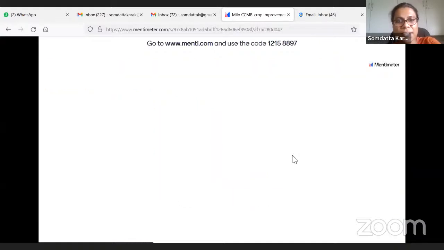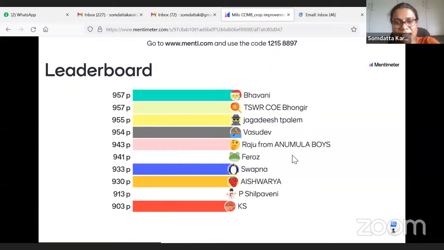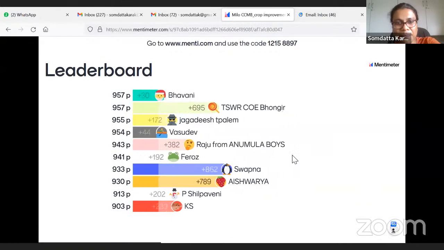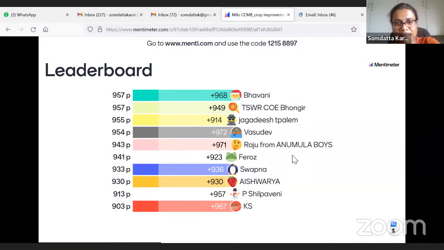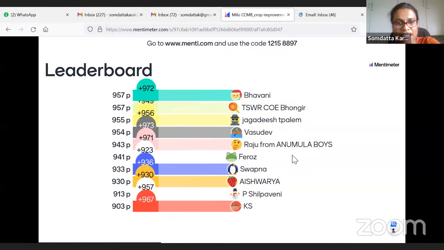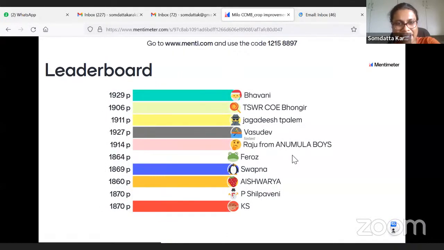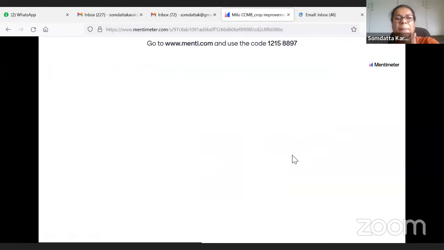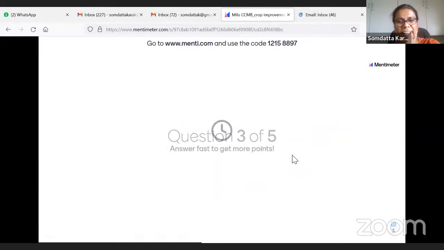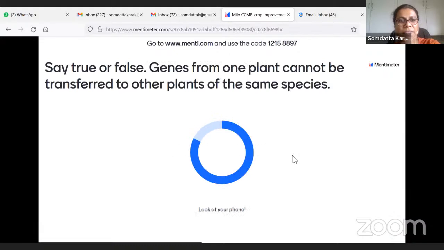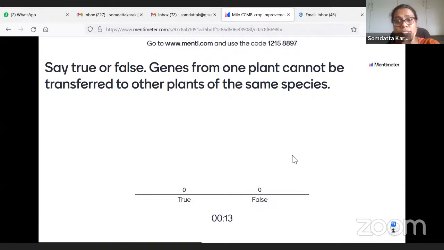Very good. Bhavani has kept her position. Question number 3. True or false again: genes from one plant cannot be transferred to other plants of the same species. Is this true or false?